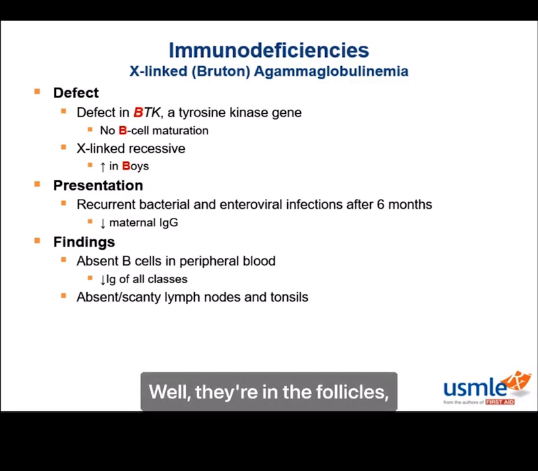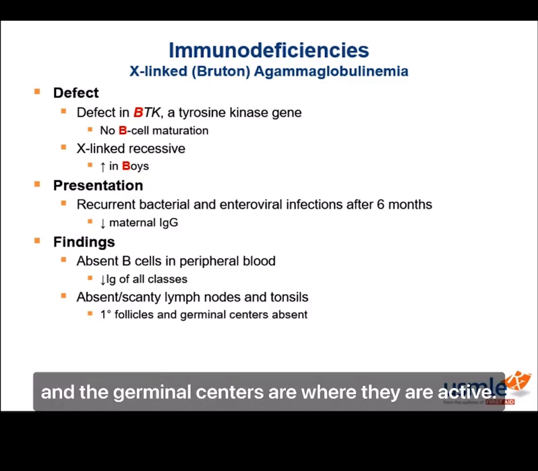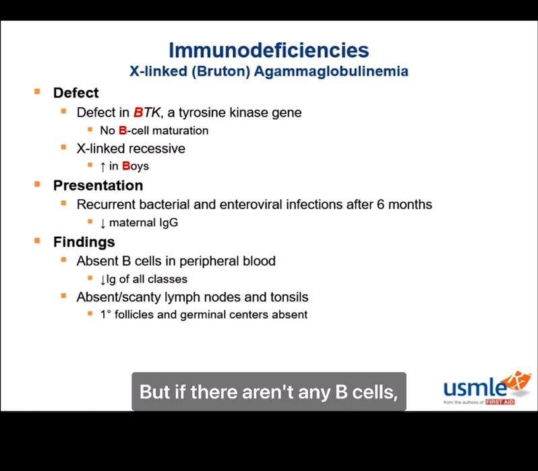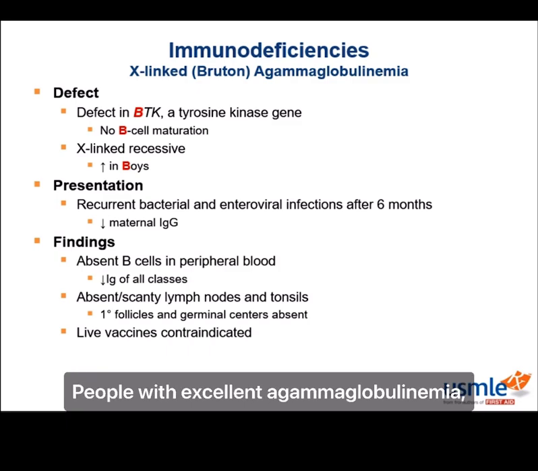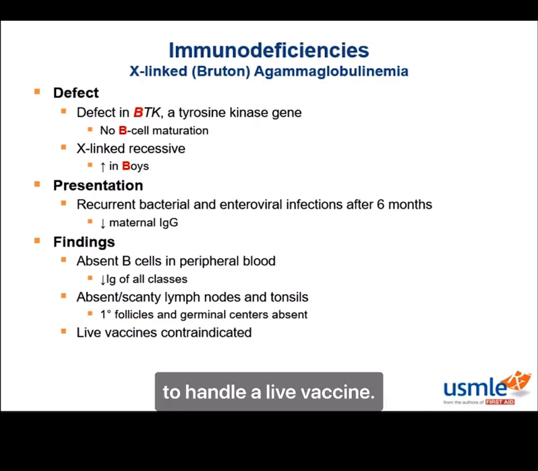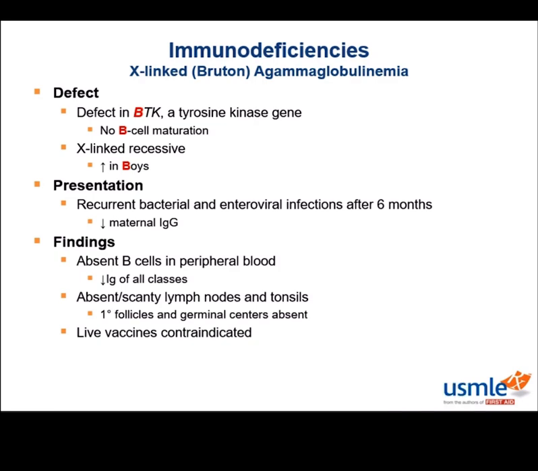Well, they're in the follicles, and the germinal centers are where they are active. But if there aren't any B cells, well, this won't show up. Finally, live vaccines are contraindicated. People with X-linked agammaglobulinemia simply don't have the immune support to handle a live vaccine.